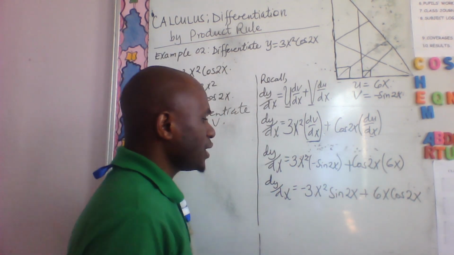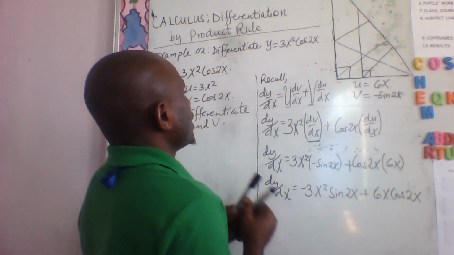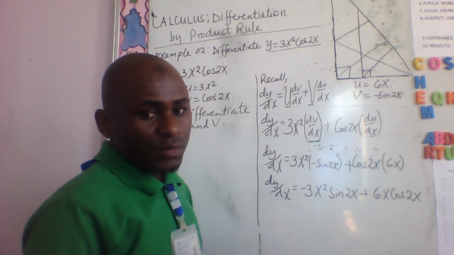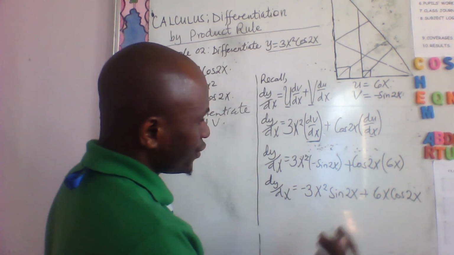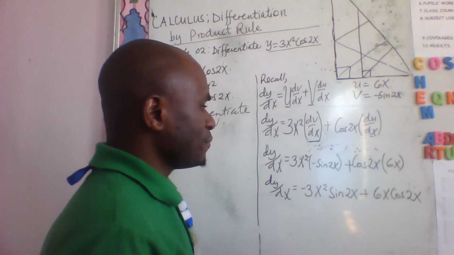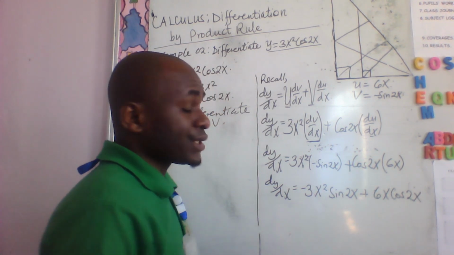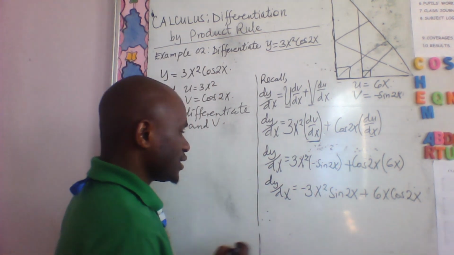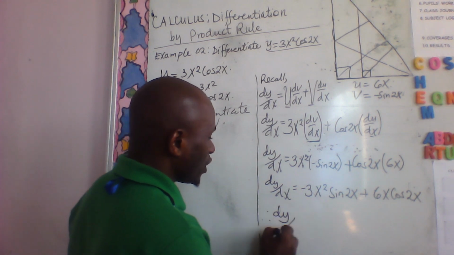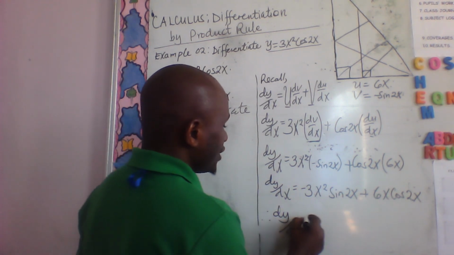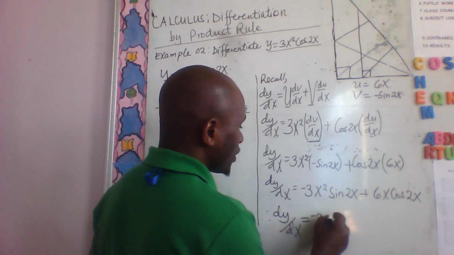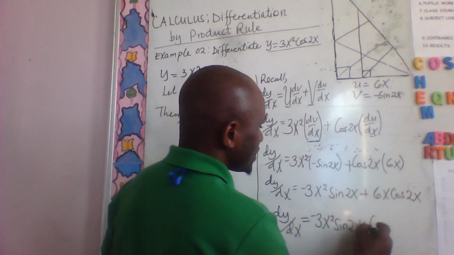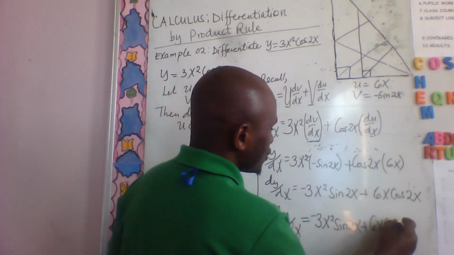So the way we differentiate the function y is equal to 3x power 2 cos 2x, in terms of using differentiation as a part of calculus by using the product rule, the result becomes dy over dx is equal to negative 3x power 2 sine 2x plus 6x cos 2x.